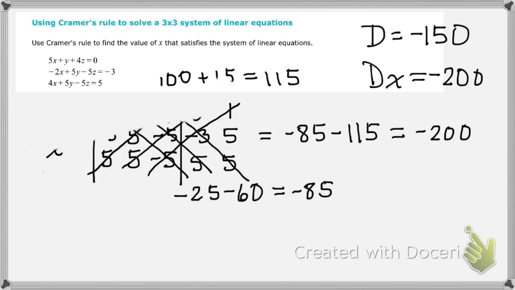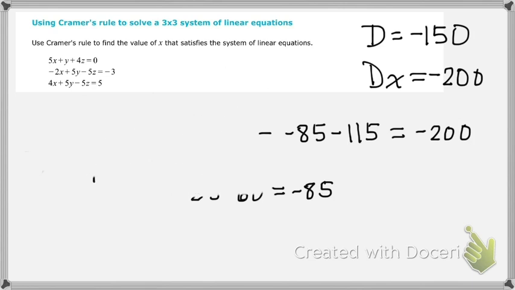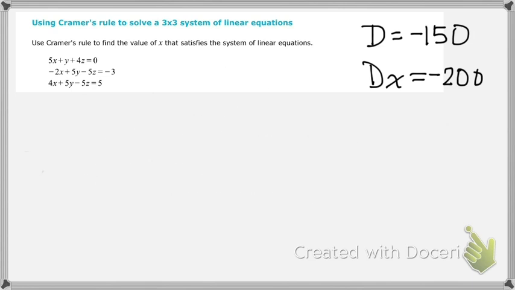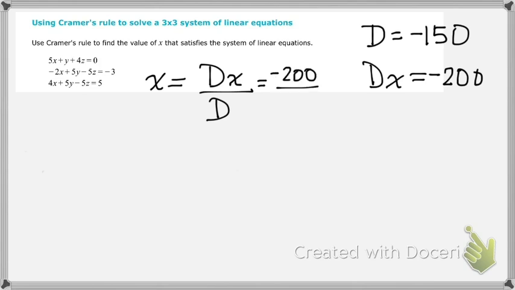All right, now recall when I had written up here on the right side that X is equal to D sub X over D. And now I've got D sub X and I've got D. So X is equal to negative 200 over negative 150.